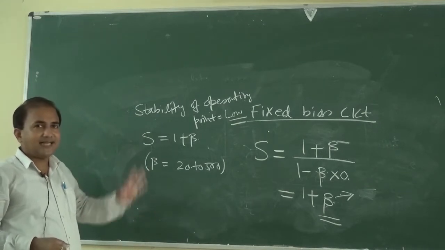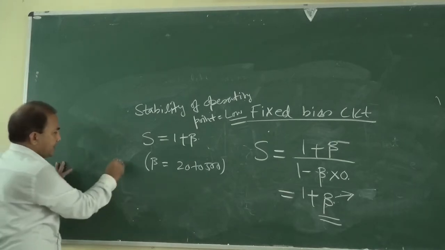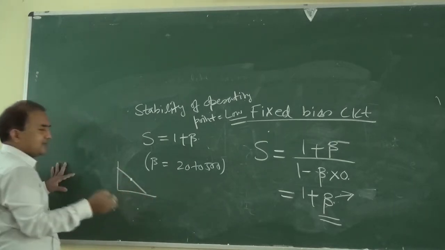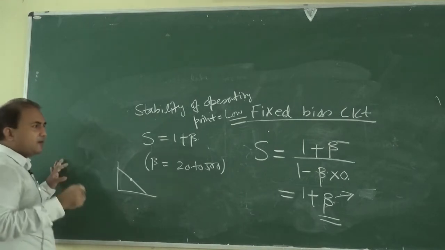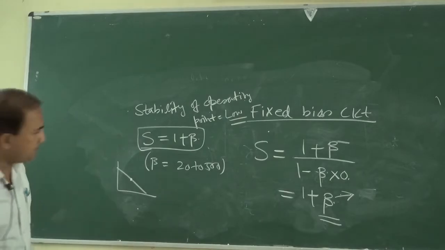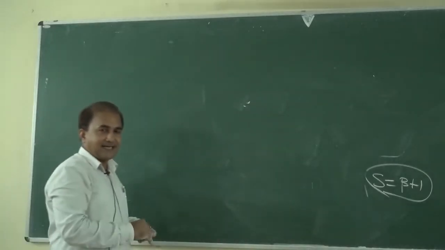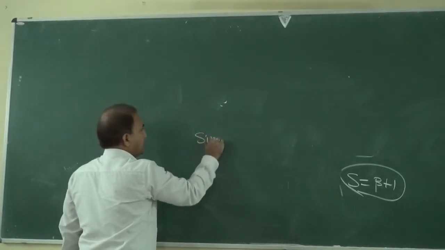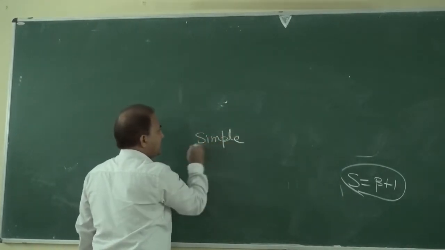So here the stabilization of the operating point is very low because the stability factor is very high. The advantage of fixed bias circuit is that the circuit is very simple.